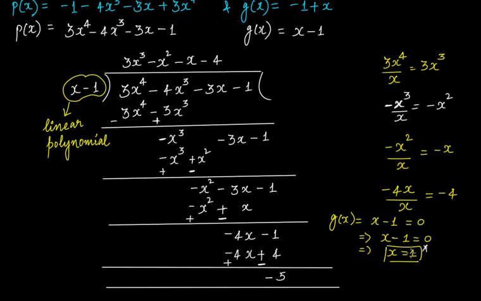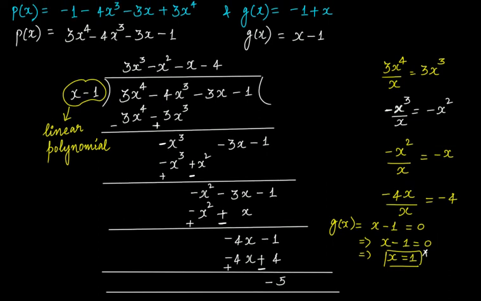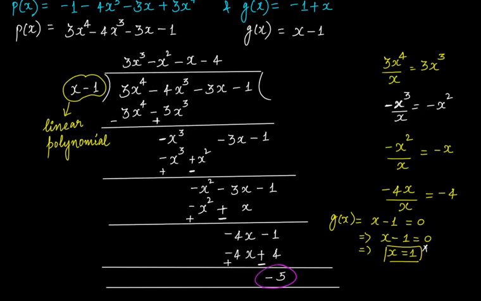Now take this value x equal to 1, put it in p(x), and you will get this remainder, minus 5. Let's check it.